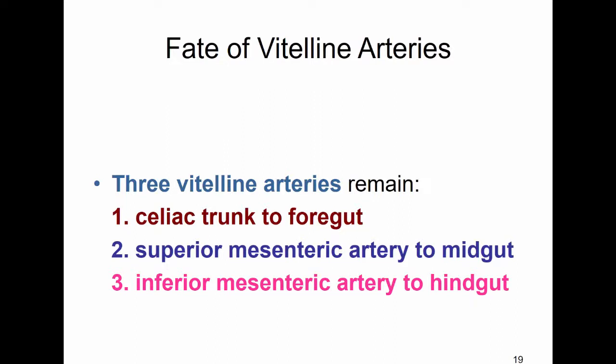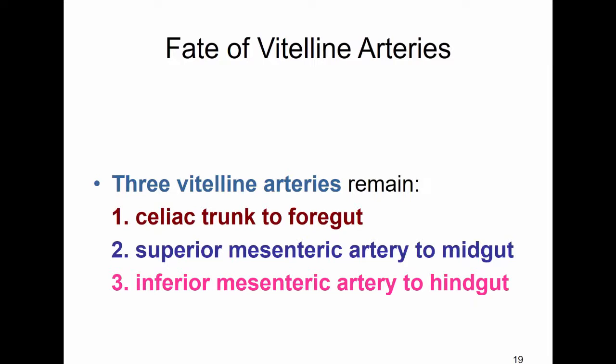They are the branches of the dorsal aorta and they are the vitelline arteries. That means they supply the yolk sac, and we know the yolk sac will become our gut tube. So they will supply our gut. So three vitelline arteries will remain, from above downwards: celiac trunk, superior mesenteric artery, and inferior mesenteric artery.